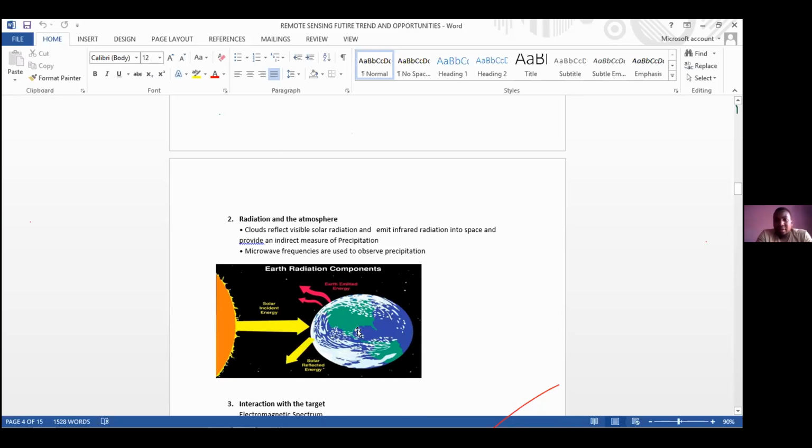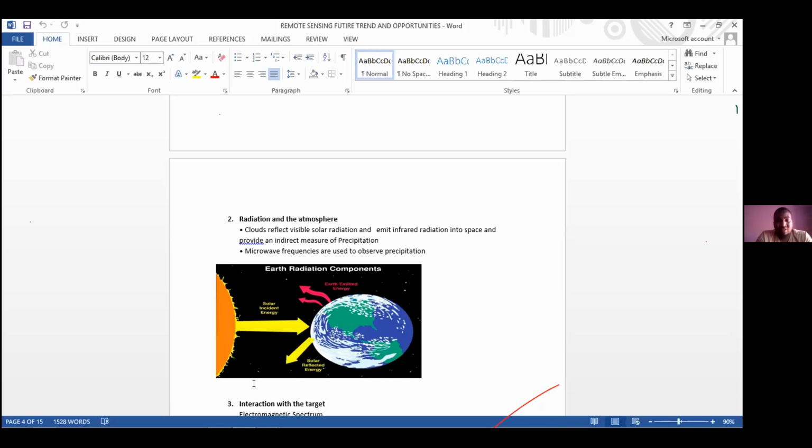The earth, number one, absorbs that energy. Once it absorbs energy, it also reflects some energy back to space. Once it reflects that energy to space, that's where the sensors are able to absorb that reflected energy. Sensors cannot absorb direct energy from the sun.